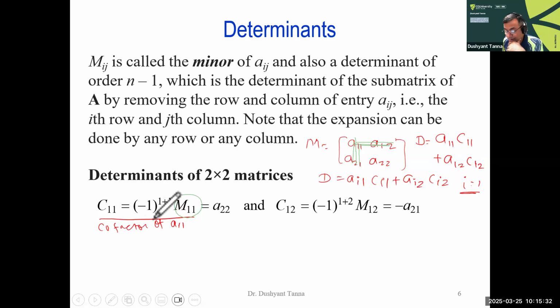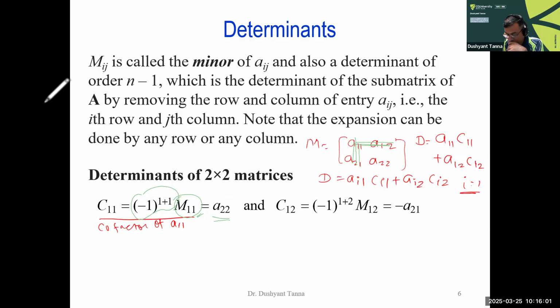So M11 is the minor for A11, with the same suffixes. I will eliminate the first row, first column. Whatever is left is this only number, because minus 1 power 1 plus 1 will become minus 1 squared, and so it's plus 1.